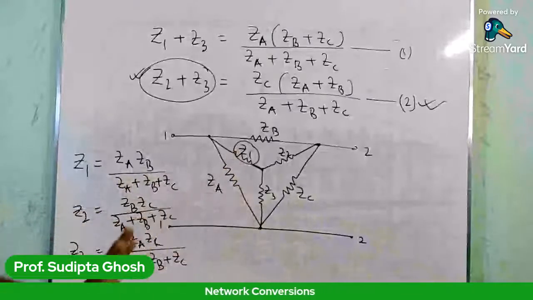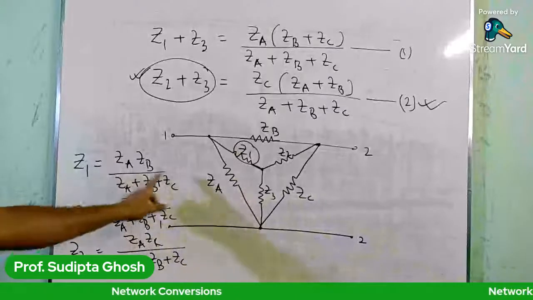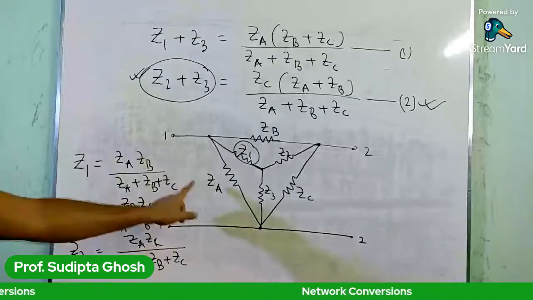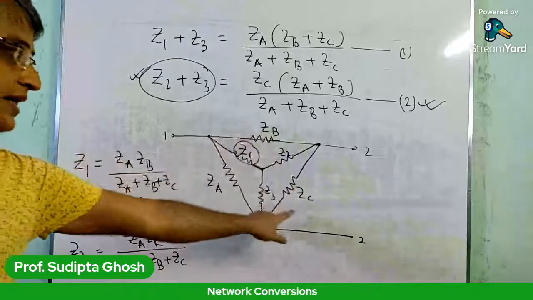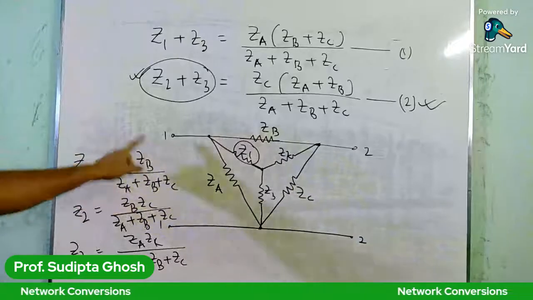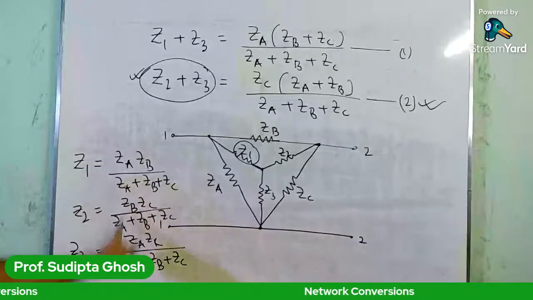So here you have no problem, because the denominators for all three are the same, that is ZA plus ZB plus ZC. Now what is the value of the numerator part, as the numerator changes in every one of the three?